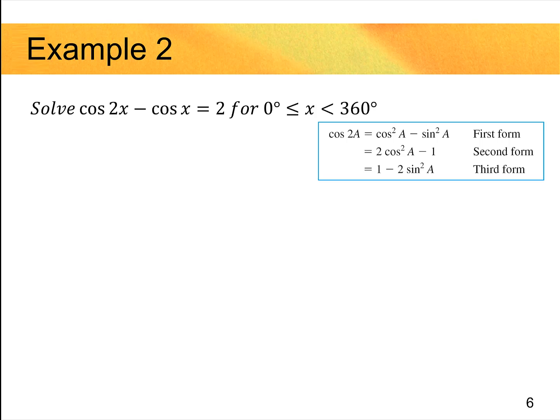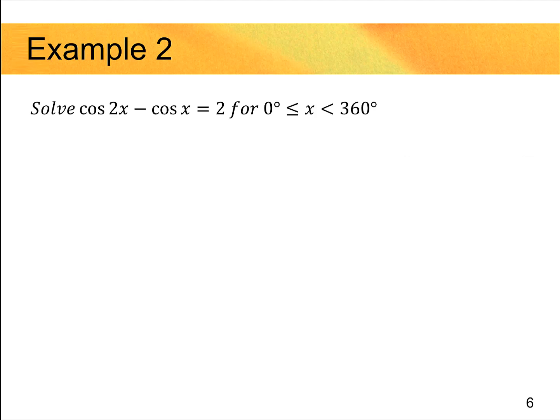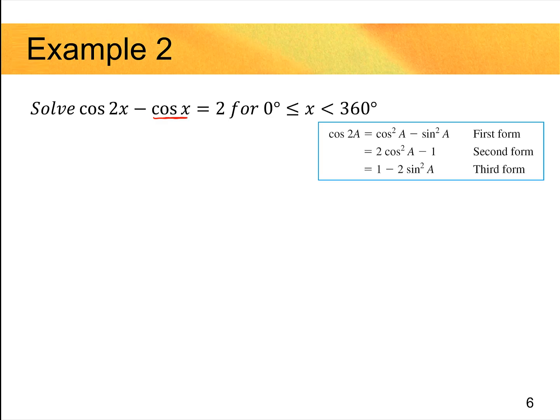Since we're trying to solve these trig functions here, here's what I want you to pick. You want to pick the one that has the other trig function inside the equation. So that little underlined cosine of x, because that's cosine of x, I'm going to use this formula, the second form. If this cosine was a sine theta, then definitely I would use the third form, because I want the trig function to be exactly the same.